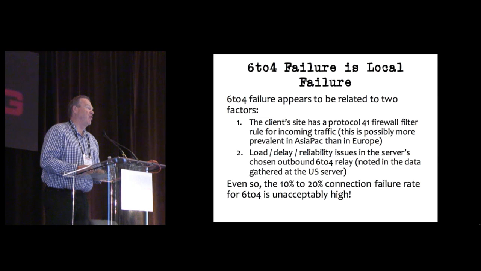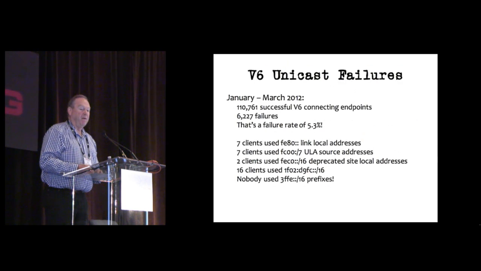And there's an awful lot of folk who say protocol 41 is unknown, throw it out. So you can send out a packet, but you never get one back. So around 10 to 20% connection failure rate is self-inflicted damage. Folk are running firewalls and filters out there in front of them that just simply block the incoming traffic.